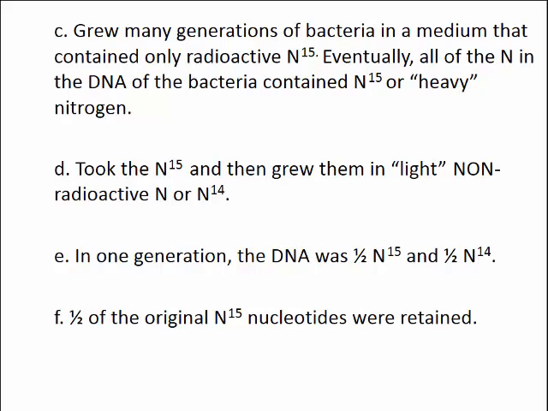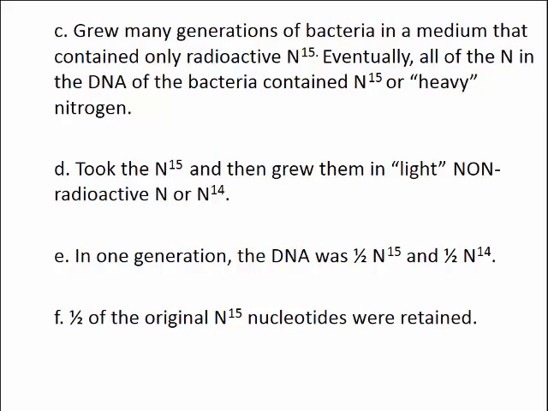So what Meselson and Stahl did was that they grew bacteria exclusively on radioactive nitrogen as a source, and eventually got a colony of bacteria where all the nitrogen in the bacteria was radioactive or heavy nitrogen, including the nitrogen in the DNA molecules of these bacteria. Then they took bacteria out of the heavy nitrogen and grew them in light nitrogen or non-radioactive nitrogen, nitrogen-14.